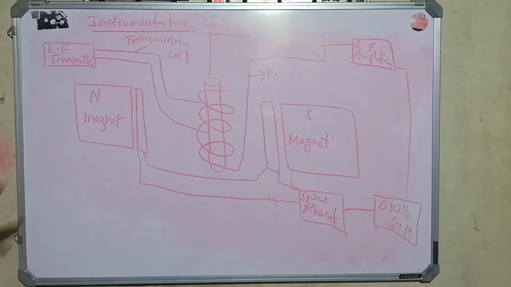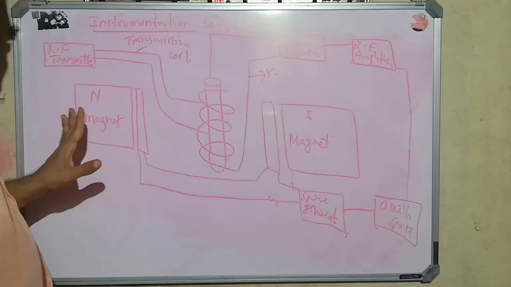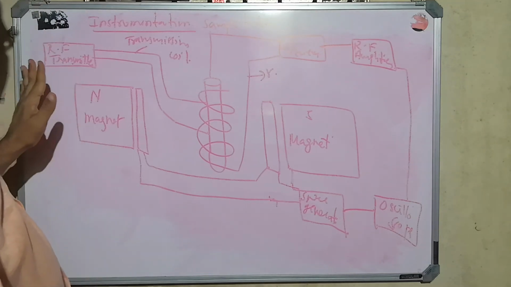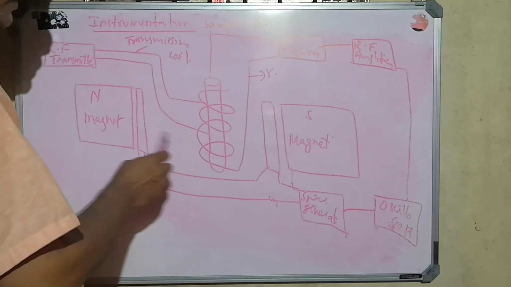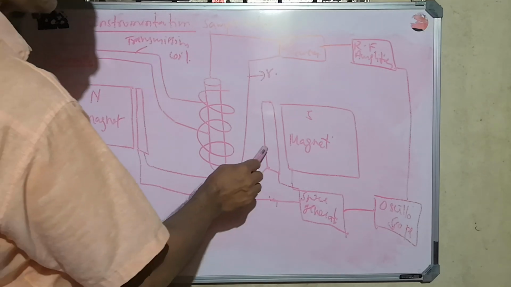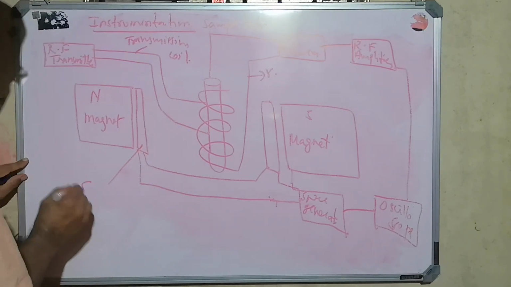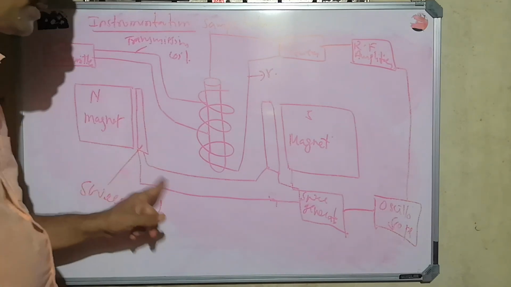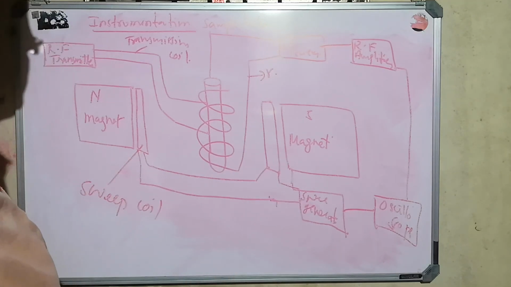Now the sample is placed in the sample tube. In the usual experiment, what we do is switch on the electromagnet first, then apply a particular radio frequency. Then you have the sweep coils. This sweep coil is connected to the sweep generator. Slowly you have to vary the current in the sweep generator.